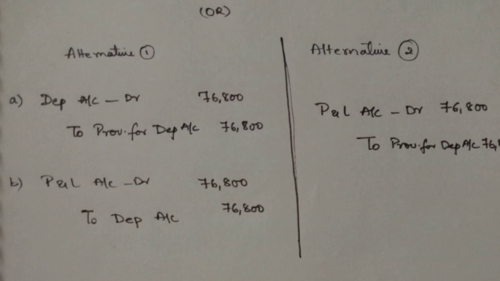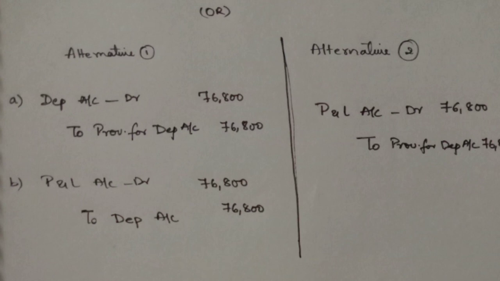Then this depreciation we will transfer to the P&L account, so the next entry will be P&L account debit to depreciation account. One debit of depreciation and one credit of depreciation, so depreciation will cancel. So ultimately what we will have is P&L account on the debit side and provision for depreciation on the credit side, right? If you record those two entries, it will be the same, or if you record directly P&L account debit to provision for depreciation, it will be the same.